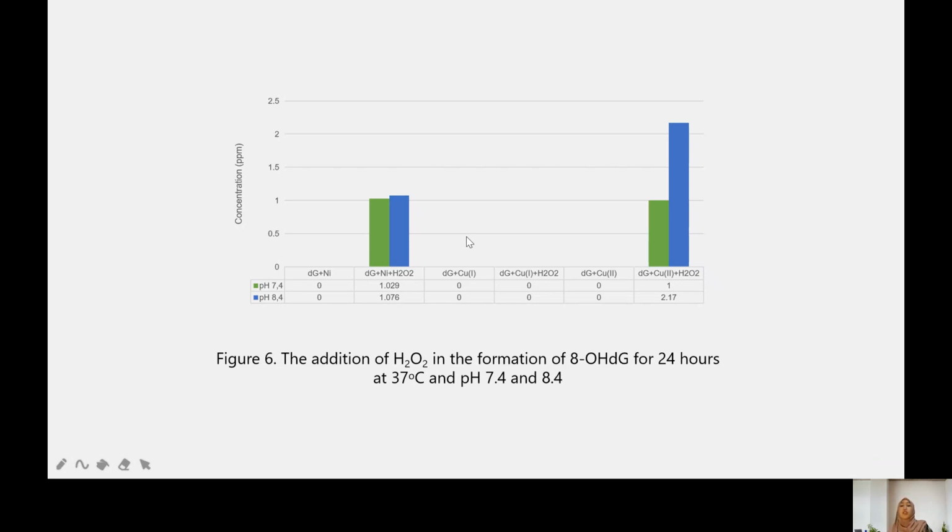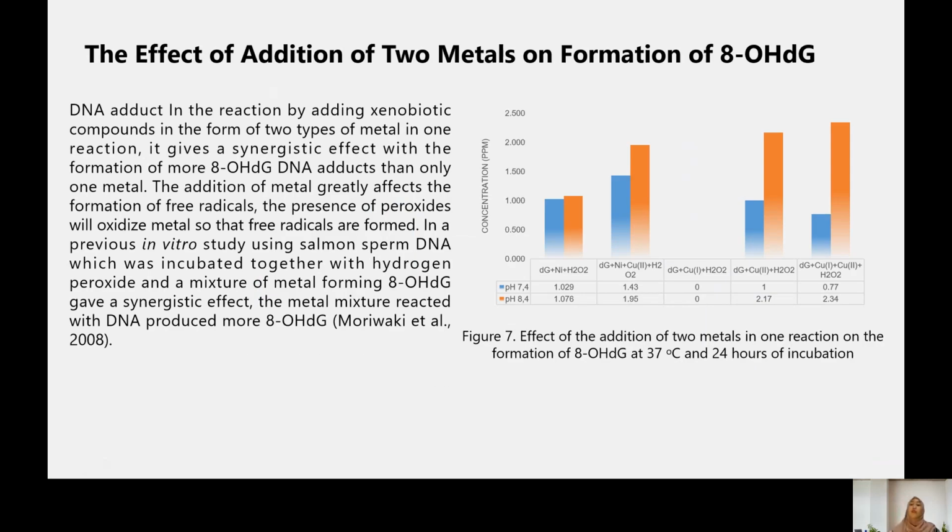Okay. The effect of the addition of two metals on the formation of 8-OHdG. In the reaction, adding two types of metal in one reaction gives a synergistic effect, with the formation of more 8-OHdG DNA adduct than with only one metal. The addition of metal greatly affects the formation of free radicals.